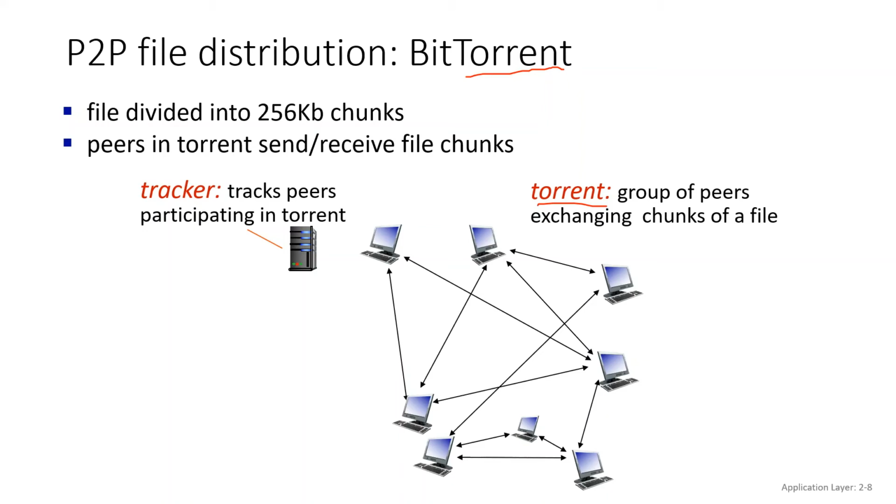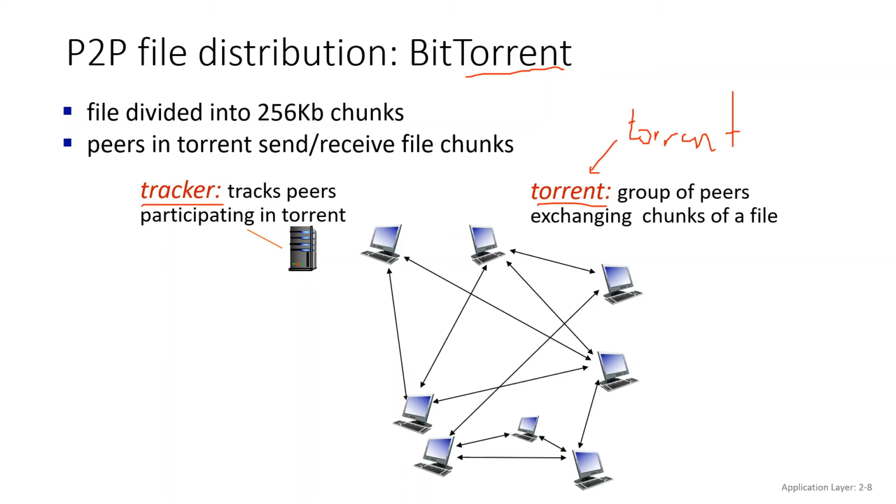So when you want a Linux file, you're basically downloading a torrent file. You will not download the ISO file, you download the torrent file. What the torrent file does is bring to your computer a copy of the tracker.